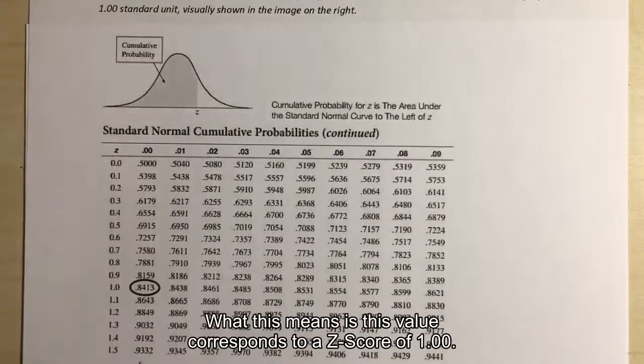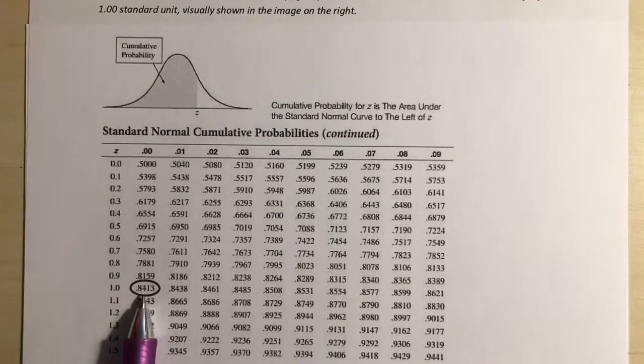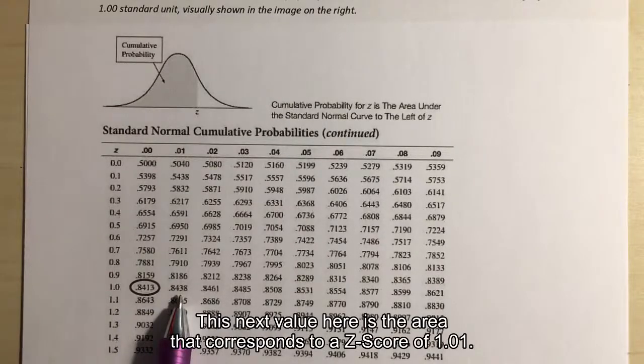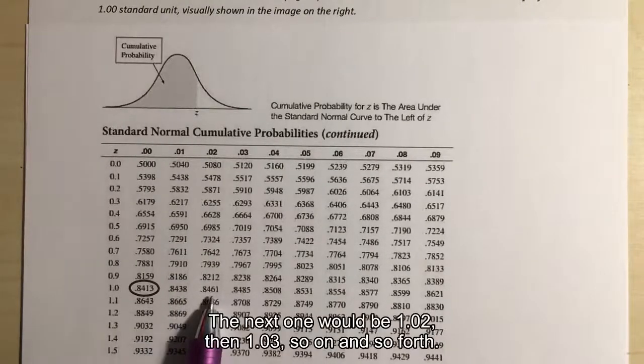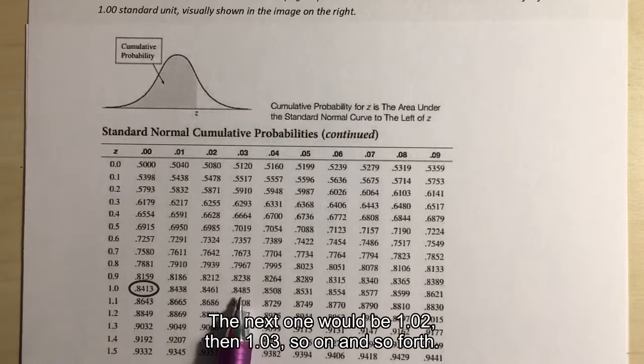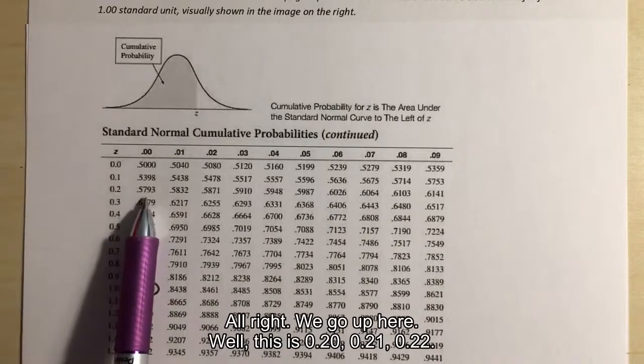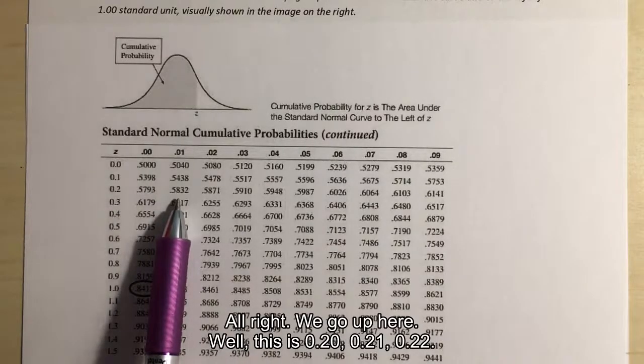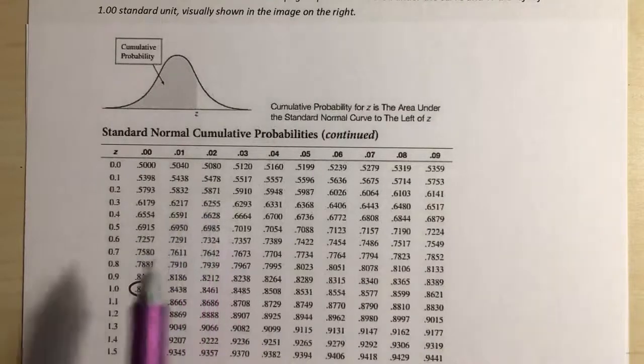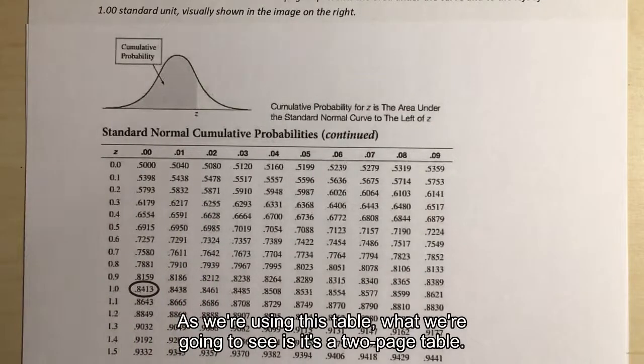What this means is this value corresponds to a z-score of 1.00. This next value here is the area that corresponds to a z-score of 1.01. The next one would be 1.02, then 1.03, and so on. Up here, this is 0.20, 0.21, 0.22.